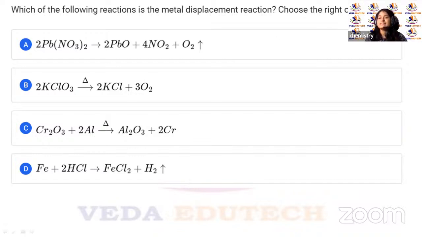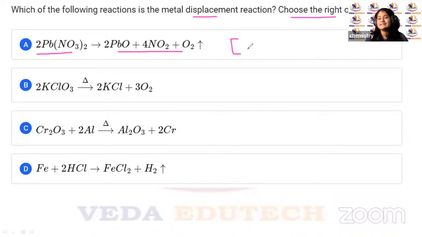Okay, children. So let's see what's given here. Which of the following reactions is a metal displacement reaction? Choose the correct option. So we see that here Pb(NO3)2 gives rise to this.